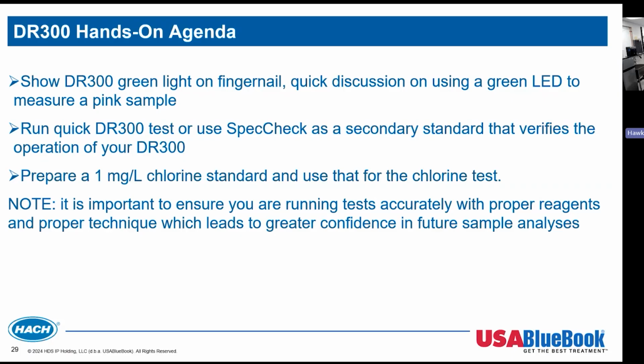But I believe that if you're ever having any issues with any of these test methods, either with chlorine or honestly any test, go ahead and run a standard. If you get a good number that's close to your standard on your DR300, that's going to be a good confidence boost that not only does your instrument work, but your reagents work as well, and your analytical techniques are also working as well.